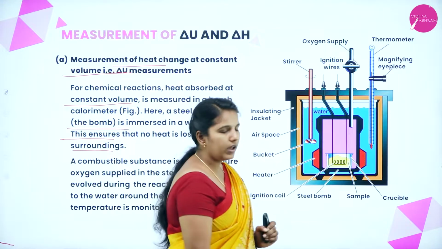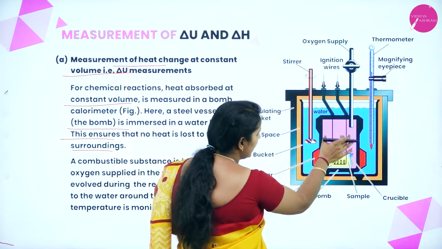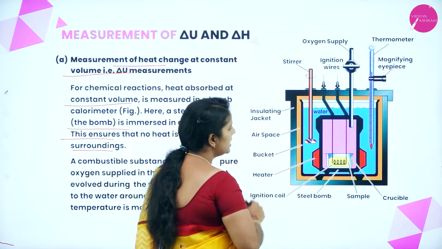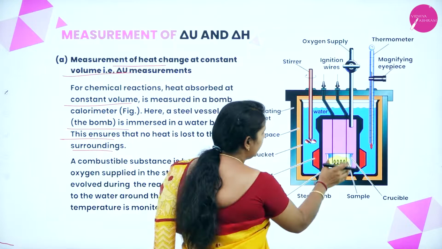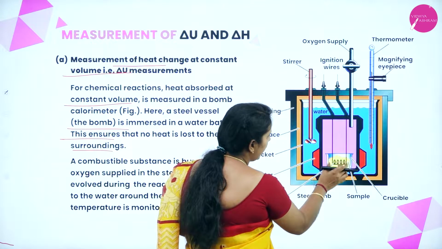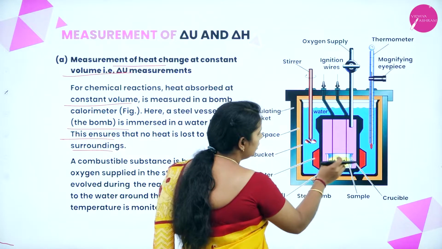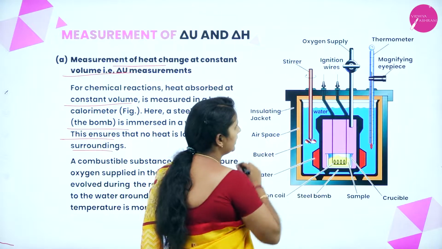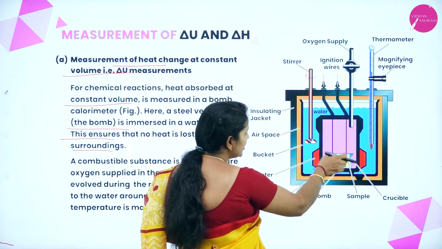So this is a figure of the bomb calorimeter. You can see that this is a steel container. This entire purple colored part is a steel container, which is also known as what? Steel bomb. In this steel container, they have kept a crucible which has a sample. To this sample, they have introduced the electrical ignition wires, which are also known as the ignition coil.